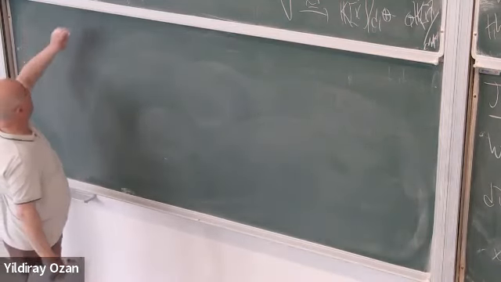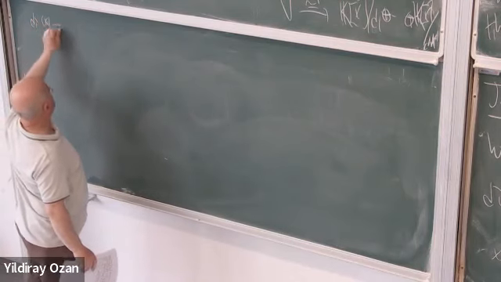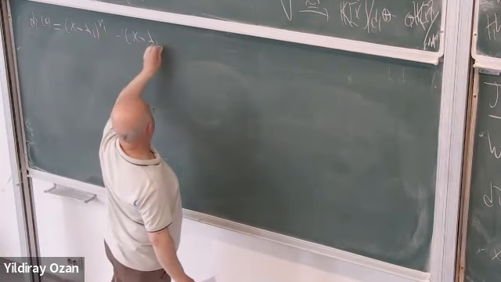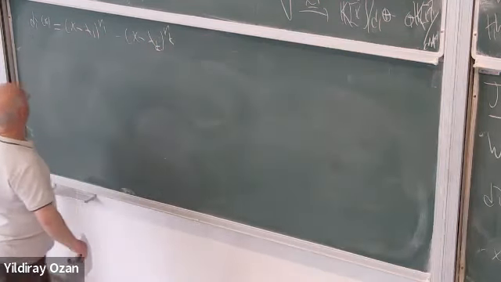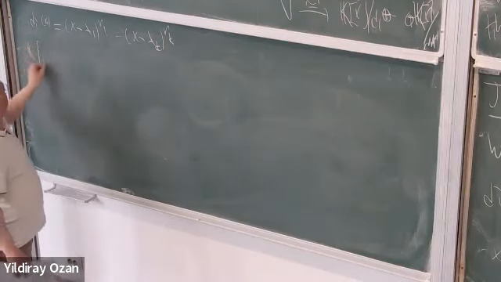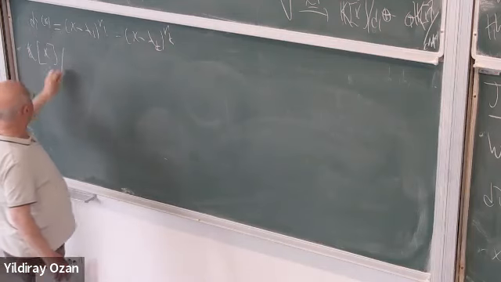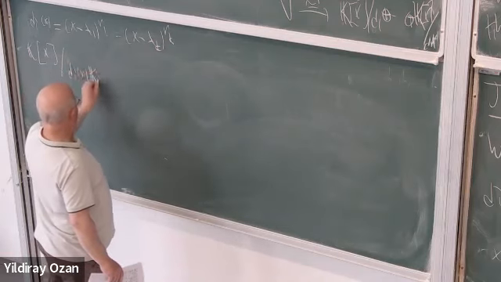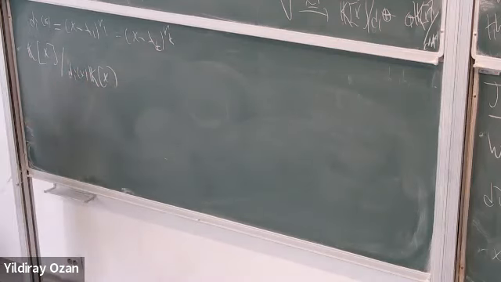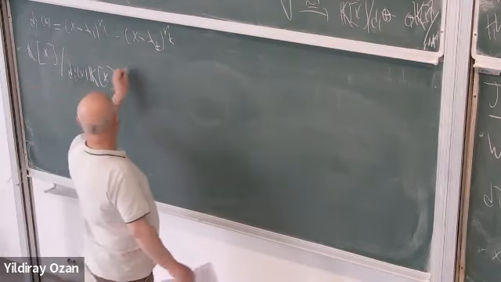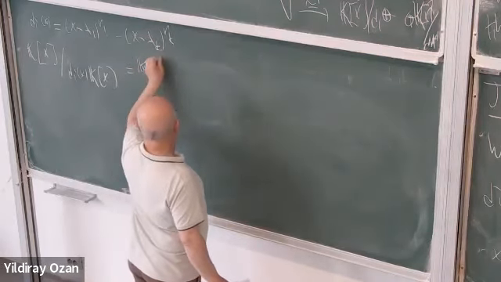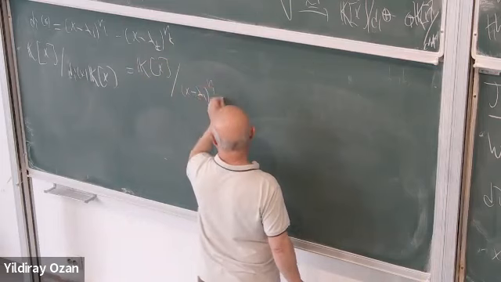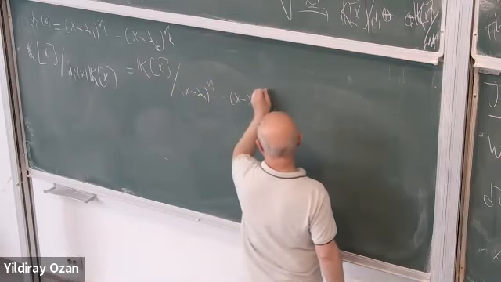Şimdi bir kere d_i buysa, if d_i is x minus lambda 1 to the r1, x minus lambda 2 to the r2, K[x] divided by this ideal. So actually, I write it this way, but I mean the ideal generated by d_i x. So it is K[x] divided by x minus lambda 1 to the r1, through x minus lambda k to the rk.